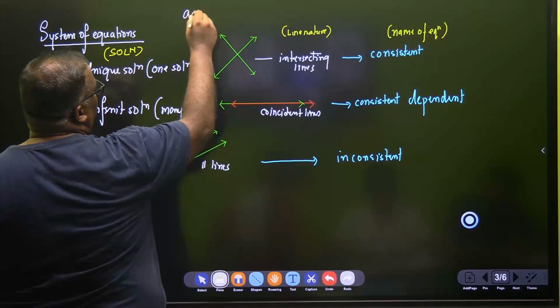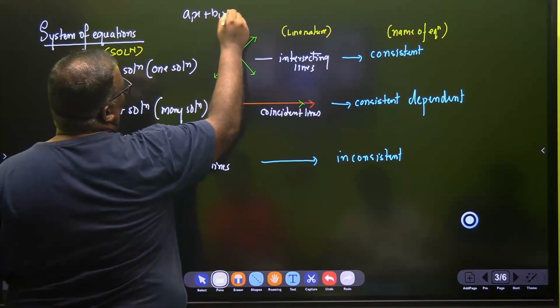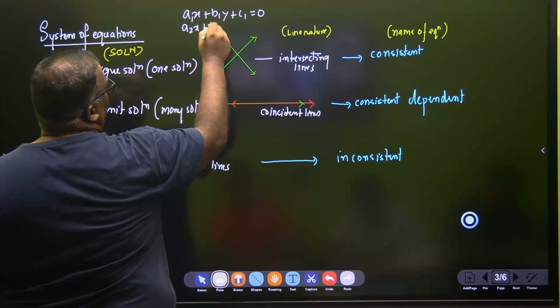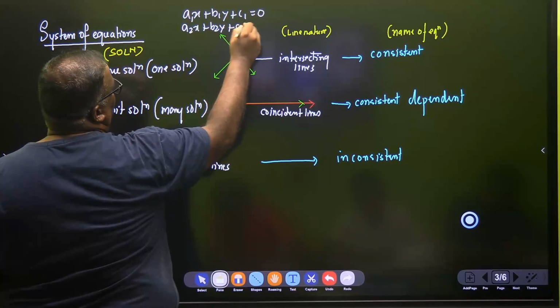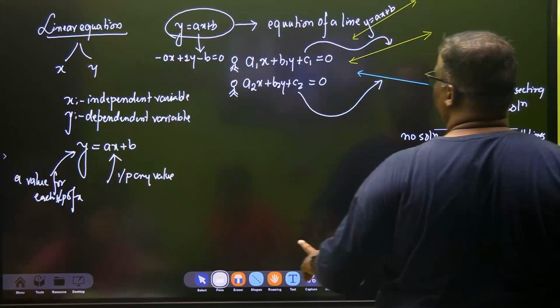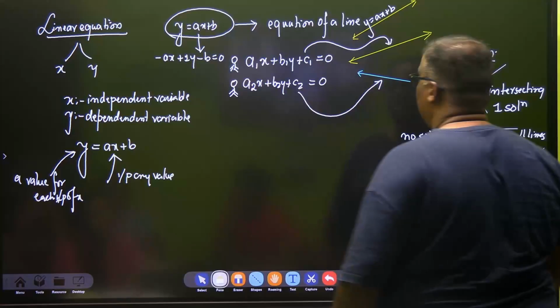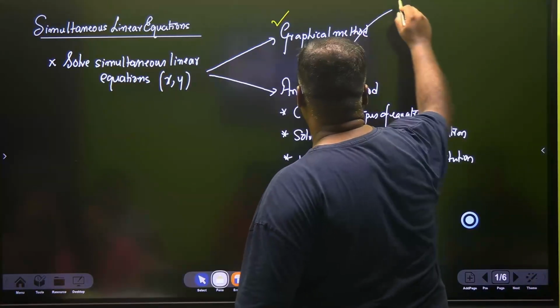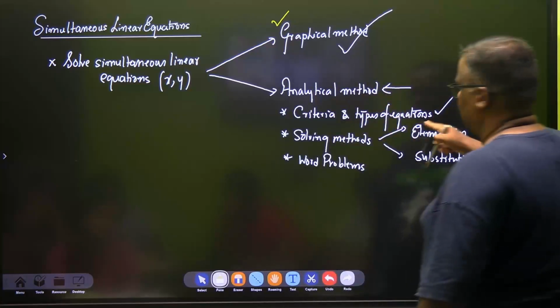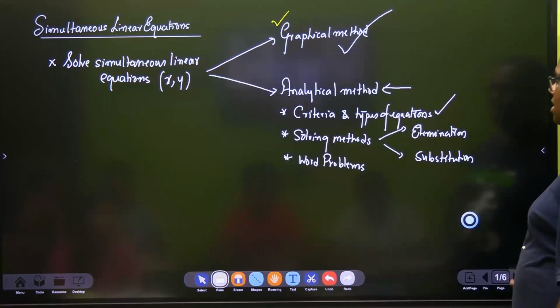My equations are a1x plus b1y plus c1 equal to 0, a2x plus b2y plus c2 equal to 0. Children, graph is done. Jaideep sir is now trying to teach you analytical, and he is in this part: criteria.